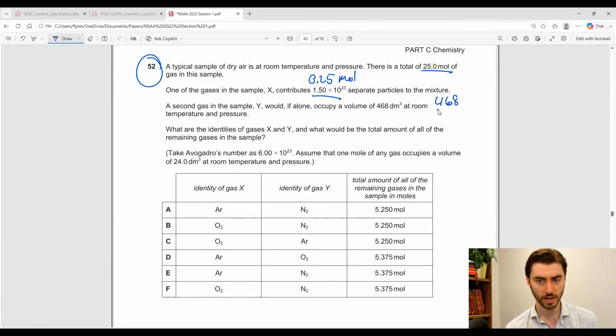So 468 over 24 is 117 over 6, divide that by 3. Divide that by 3. So it's nearly 20, 19.5 moles of Y. What are the identities of gases X and Y?